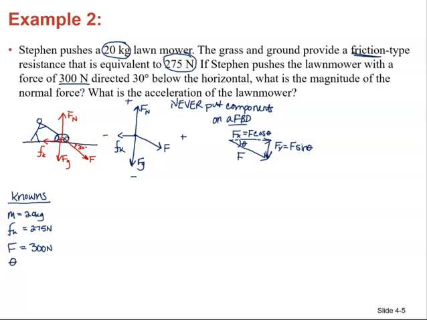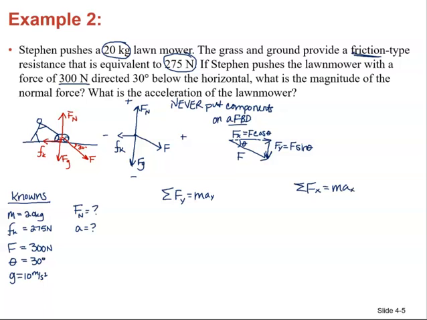We know the angle is 30 degrees. And those are all the numbers we have, but of course we know little g. And then what is it we're looking for? We are looking for the normal force, and we are looking for acceleration. All right, so now we are going to do our two net force equations. So we have our vertical net force equation, and then we are going to have our horizontal net force equation.